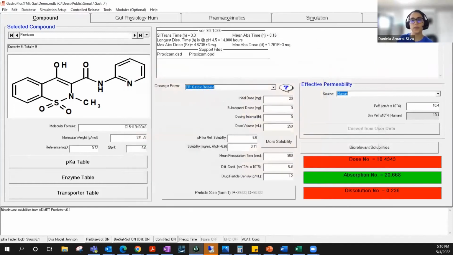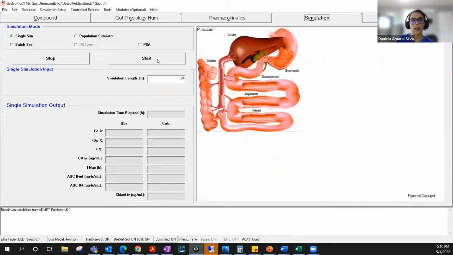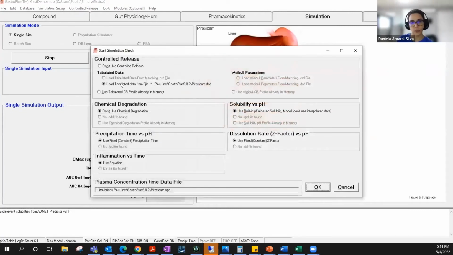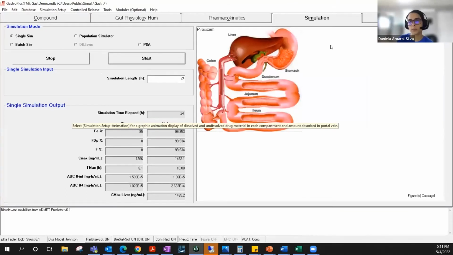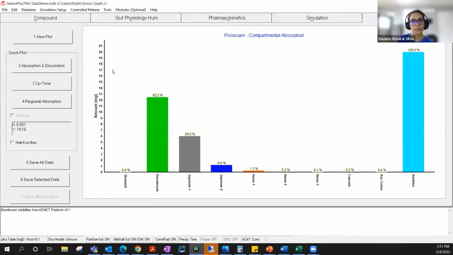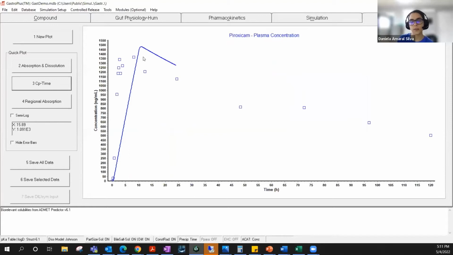With this, they would be able to run the simulation and compare. We would use the data that we just created for a dissolution profile, and try to understand when they looked into the pharmacokinetic profile, they saw the CP time.